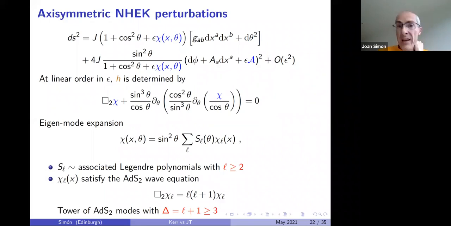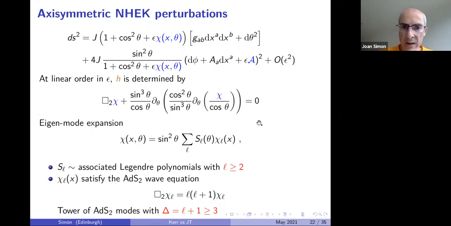And what you can show by computing the linear equations of motion is that the linear correction to this gauge field, which I have denoted by this curly A, is completely determined, meaning that it is sourced by this scalar perturbation that I will denote by chi. This chi is a function of the AdS2 coordinates, but also of theta. Remember that the problem is spherically broken, and I'm only keeping the U(1) invariance. The equation of motion satisfied by this chi is given by this.